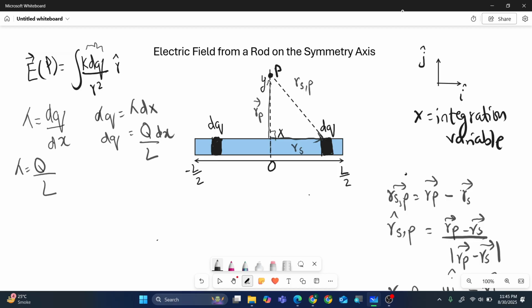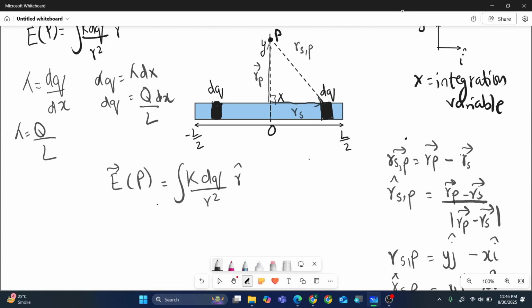So now I have dealt with the direction vector, I have dealt with the distance, I have dealt with the charge. It's very easy to compute the electric field at the point P. I'm going to just rewrite my formula here, and let's compute it now.